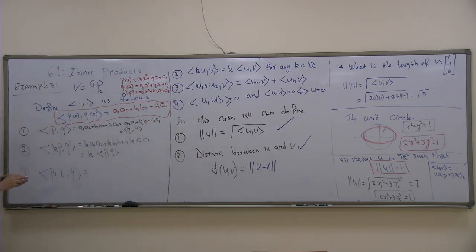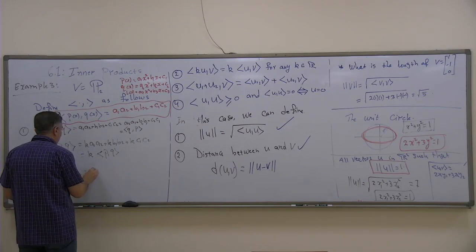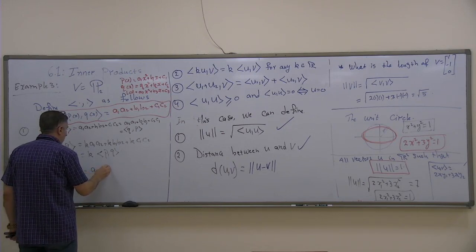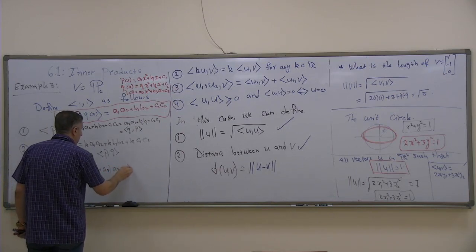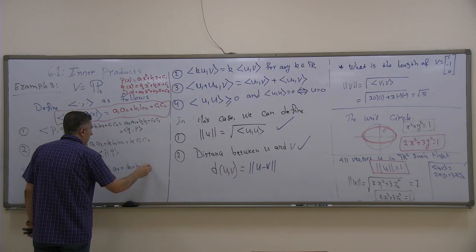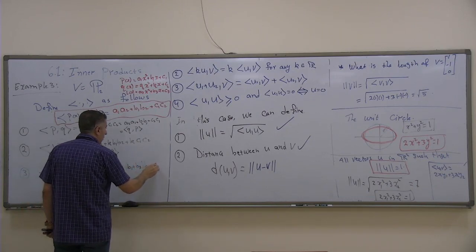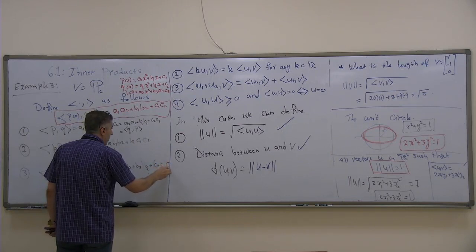So what is this going to be? This is going to be A1 plus A3 multiplied by A2, plus B1 plus B3 multiplied by B2, plus C1 plus C3 multiplied by C2.